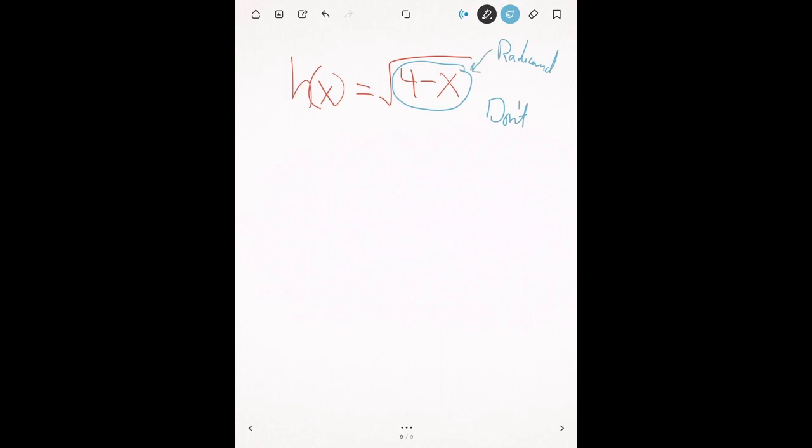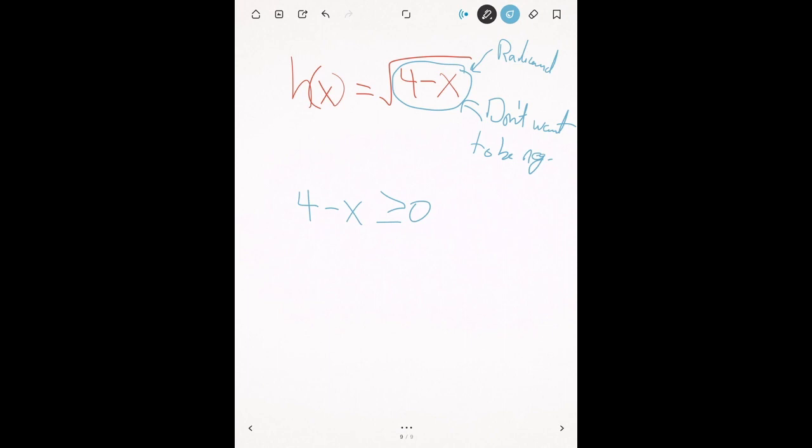So we don't want the radicand to be negative, because we can't take the square root of negative numbers in the real number system. We're only working with real numbers here. So this inside part, 4 minus x, has to be greater than or equal to 0. It could be 0, it could be anything greater than 0, but as soon as it's less than 0, it's negative and it doesn't work.